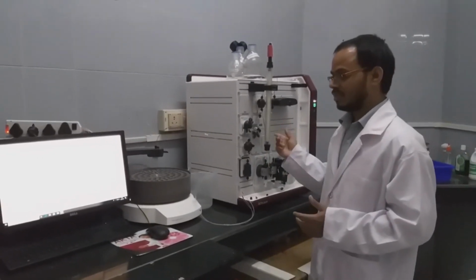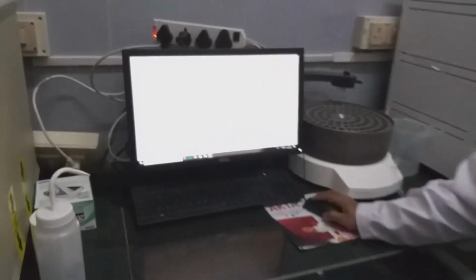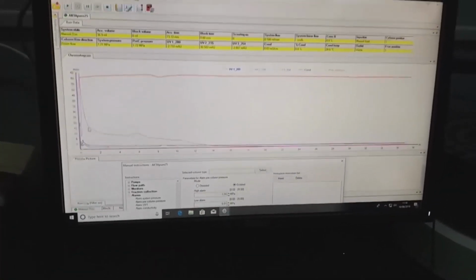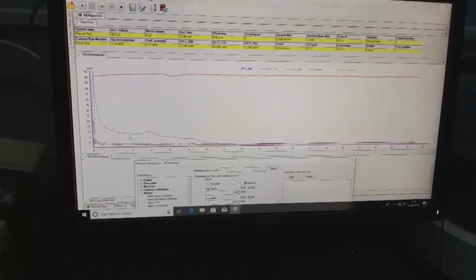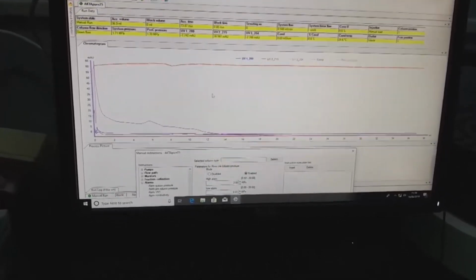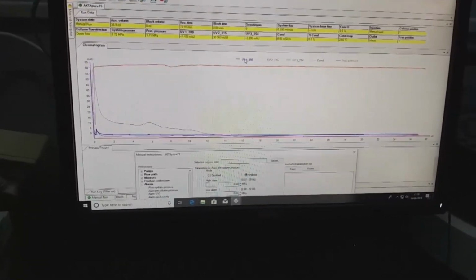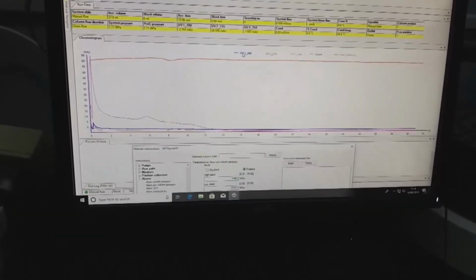So this column is equilibrated, as we can see here, after introducing buffer and removing the 20% ethanol and water. The blue line corresponds to 280 nanometers, which is relevant to protein.